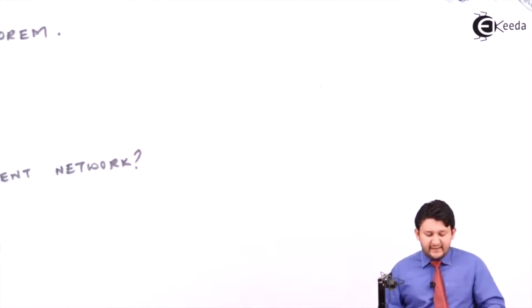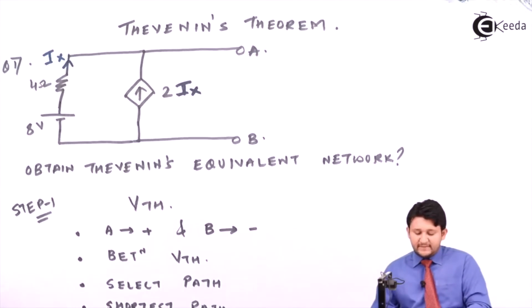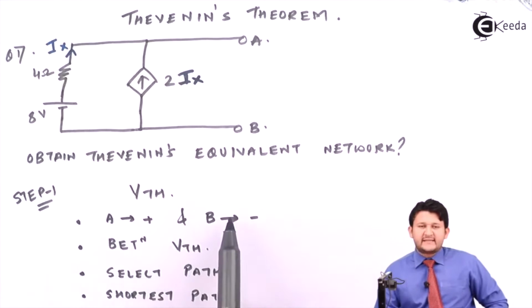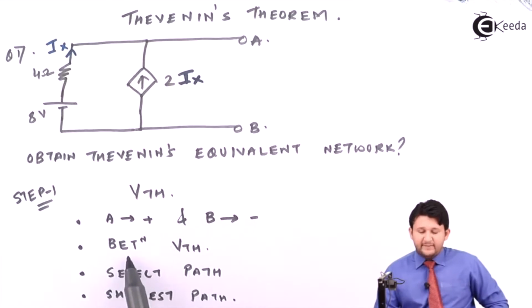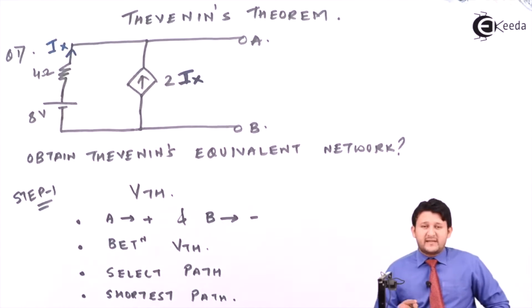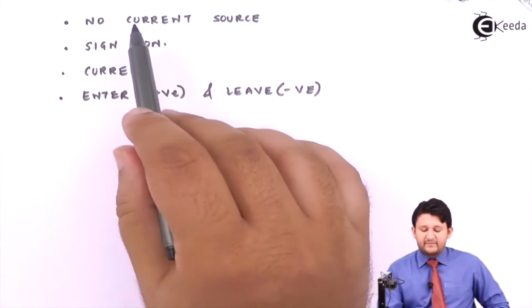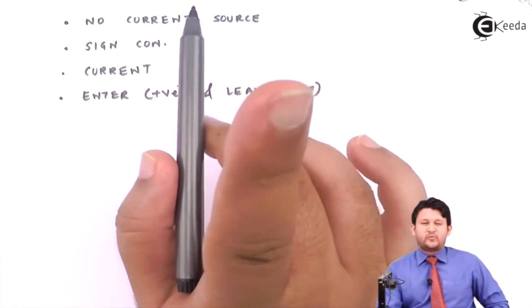So let's revise once again. For VTH, first point, consider A as positive, B as negative. Second point, between A and B, write VTH. Third point, select the path. Fourth, select the shortest among that path. Next, no current source should be there in that path.